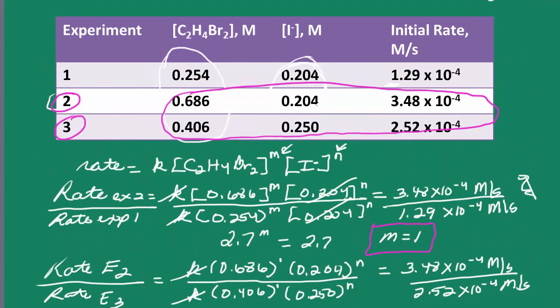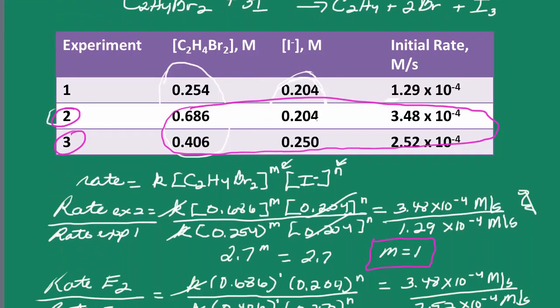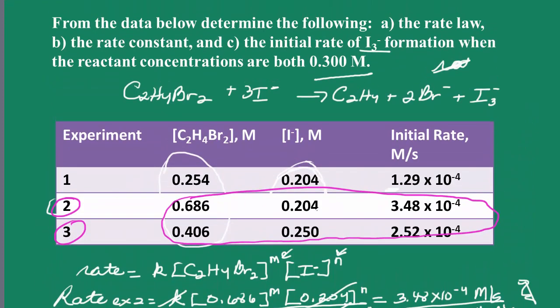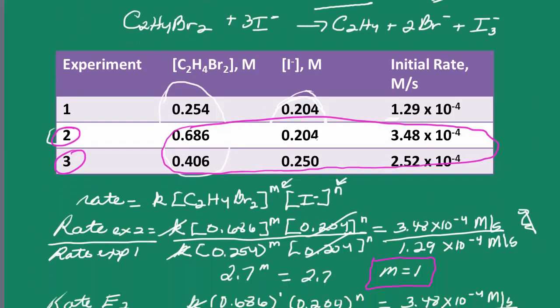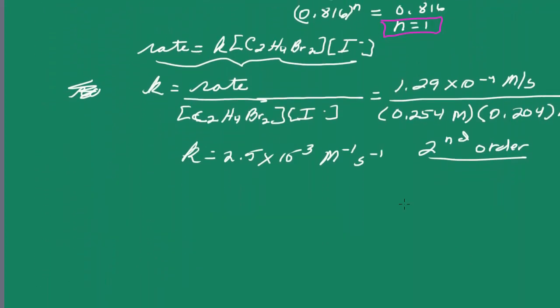Okay, let's go back up here now. They want to know the initial rate of iodide formation when the reactant concentrations are both 0.3 molar. So that's fairly easy to do. All we need to do is determine the initial rate.